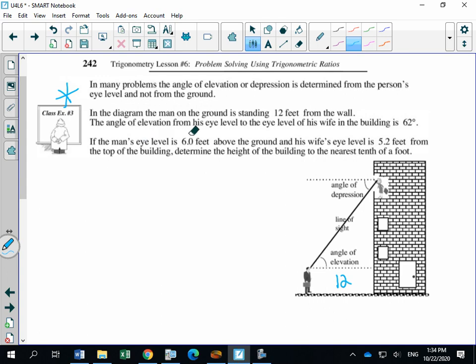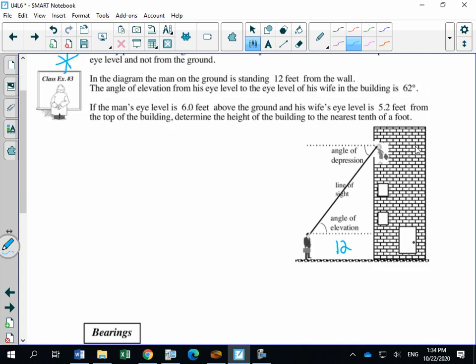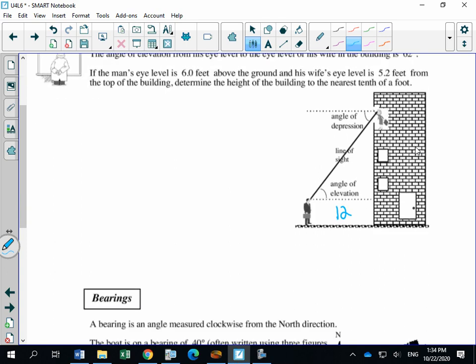The angle of elevation from his eye to his wife, who's up here, is 62 degrees. You guys, the angle of elevation is always measured from the horizontal. So remember, this guy, he could look straight ahead, or he could look up at his wife. So that is 62 degrees.